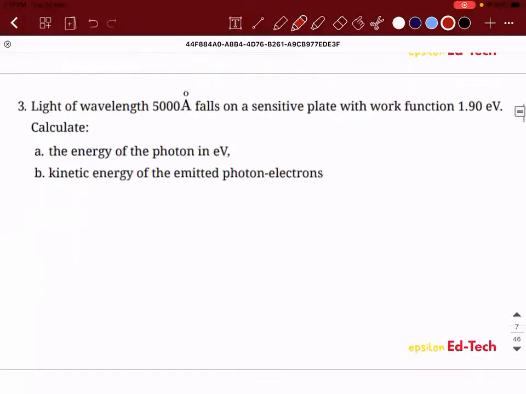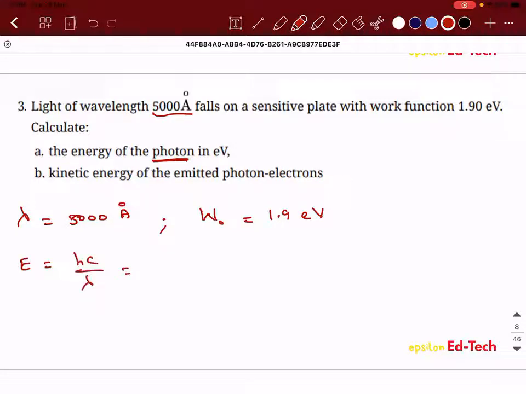Next. Light of wavelength 5000 angstrom falls on a sensitive plate of work function 1.9 electron volt. Calculate the energy of the photon in electron volt. Energy of photon is equal to hc by lambda.